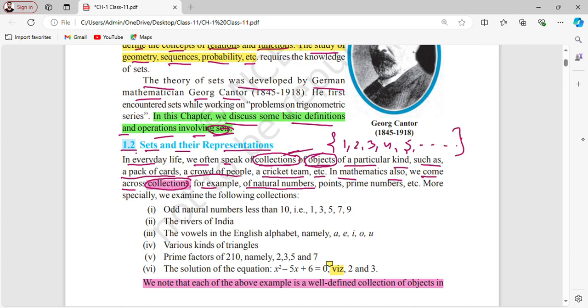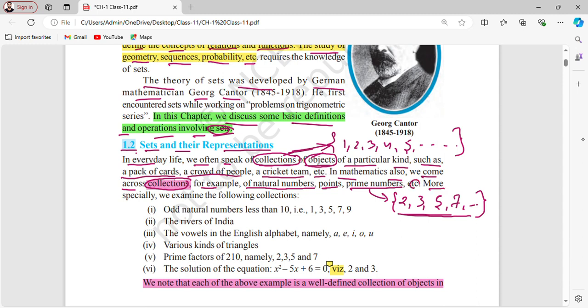This is a collection of natural numbers. The collection of points, the collection of prime numbers: 2, 3, 5, 7, and so on. This is also a collection of prime numbers, etc.